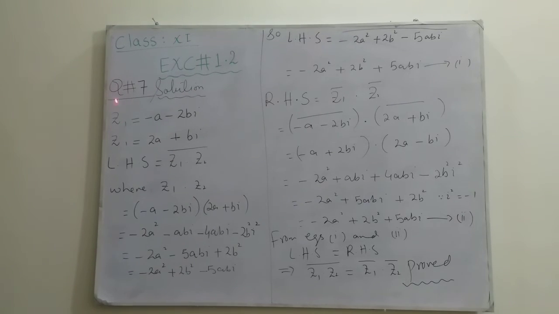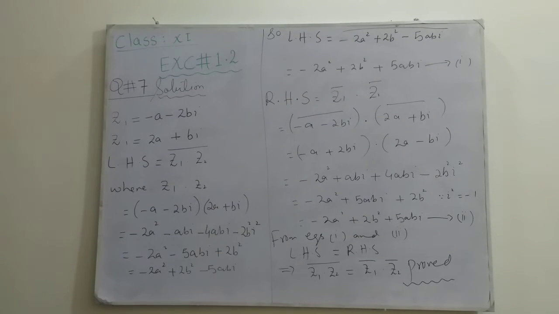Question number 7. If z1 is equal to minus a minus 2b iota, z2 is equal to 2a plus b iota, then verify that (z1 into z2) whole conjugate is equal to z1 conjugate into z2 conjugate.